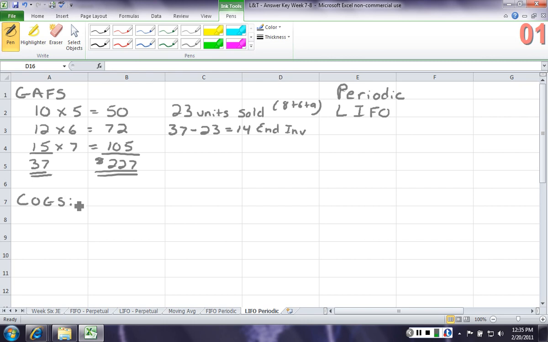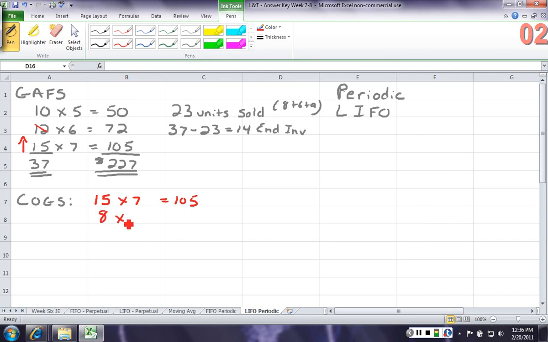Now, I am dealing with LIFO, last in, first out. So this time, I need to start down here and move up. So I sold 15 units at $7 for a total of $105. But I sold 23 units, so I have another 8 units that I need to take out of this layer.